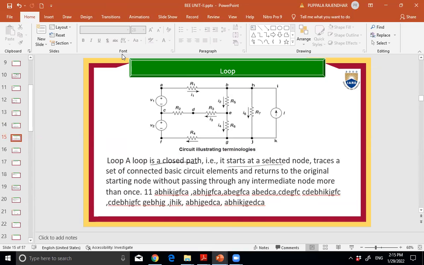It starts at one selected node, traces a set of connected basic circuit elements, and returns to the same original starting node. But the condition is that it does so without passing through any intermediate node more than once.